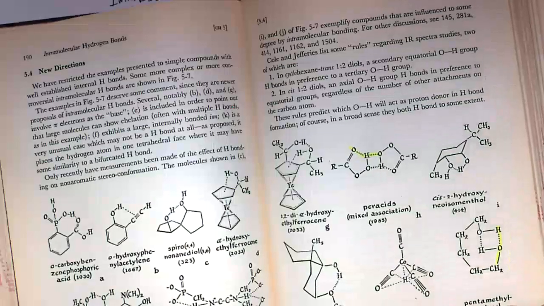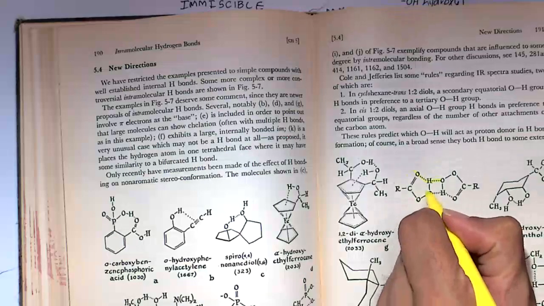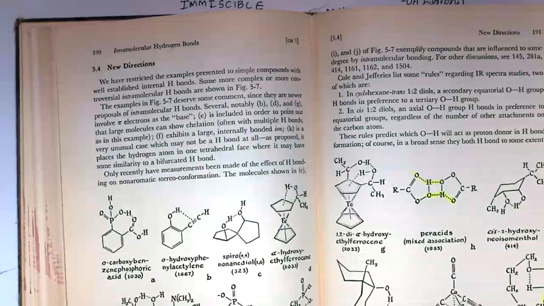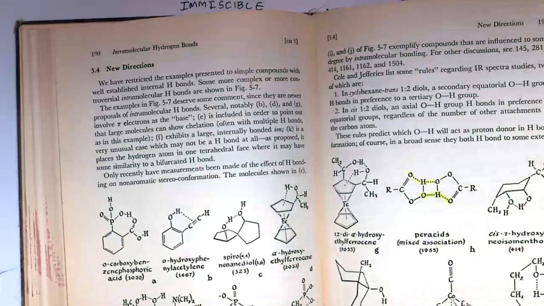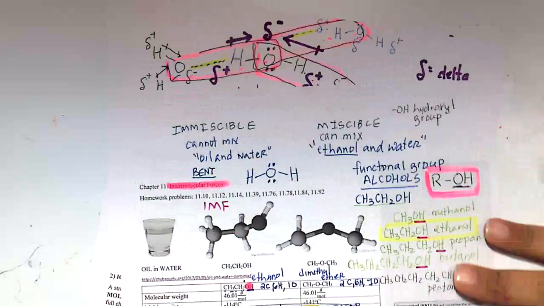HO, and then there's an H here. Okay? So hydrogen bonds are very important in, here we go. OHO. Okay, that is a very, very strong attractive force. Okay, you're going to look for what three things? OH, NH, and F.